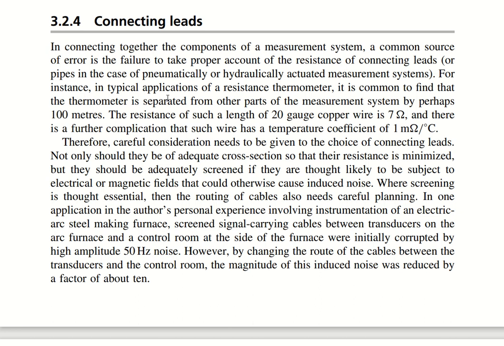For instance, in typical applications of a resistance thermometer, it is common to find that the thermometer is separated from the other parts of the measurement system by perhaps 100 meters. The resistance of such a length of 20 gauge copper wire would be 7 ohm. And there is a further complication that such wire has a temperature coefficient of 1 milliohm per degree Celsius.